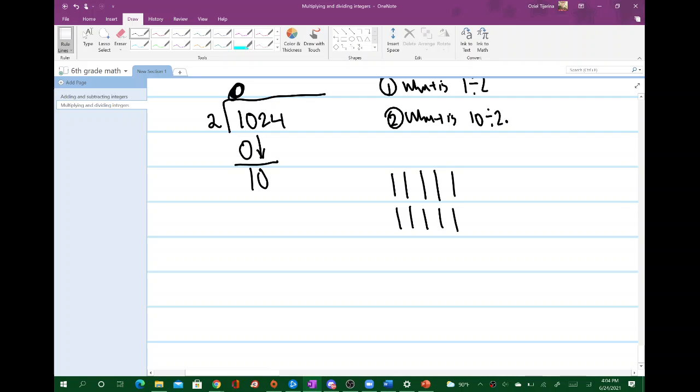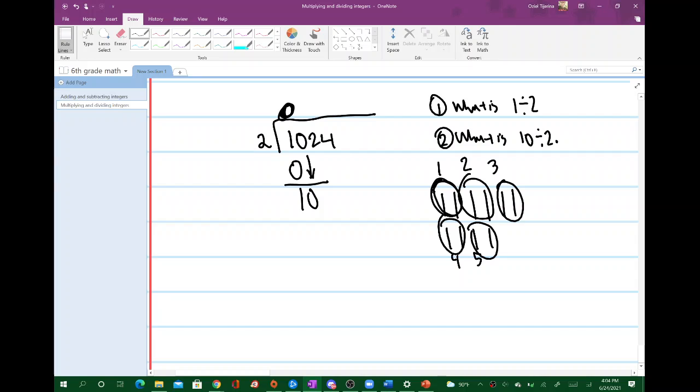And I try to make groups of 2. So 2 like this, and then like this, and like this. And how many is that? That's 1, 2, 3, 4, 5. So that's really just 5.